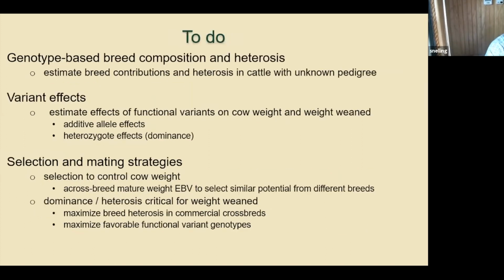There's still a lot left to do on this. With GPE, we have extensive pedigree records that we can use for breed composition and heterosis, but for other cattle that may not have those pedigree records, we can estimate breed contributions from the genotypes, and also work on heterosis or heterozygosity from the genotypes as well.